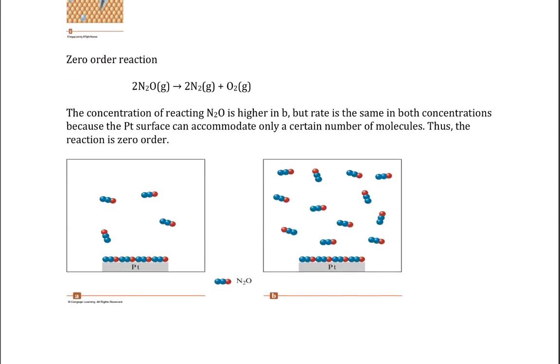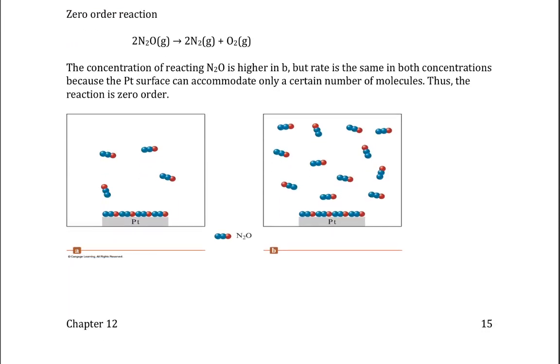Here's another zero order reaction so that we can get a sense of this lack of concentration dependence. Our reaction here is 2N2O gas forming 2N2 gas plus O2 gas.